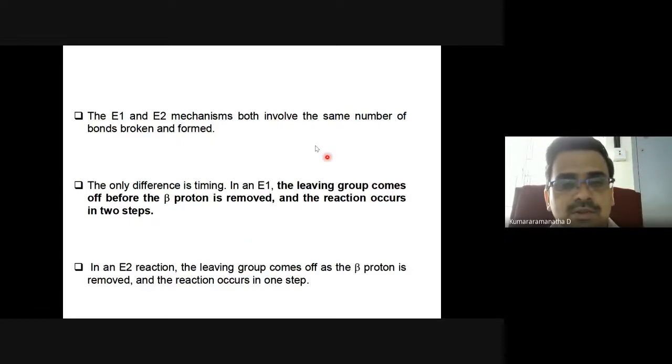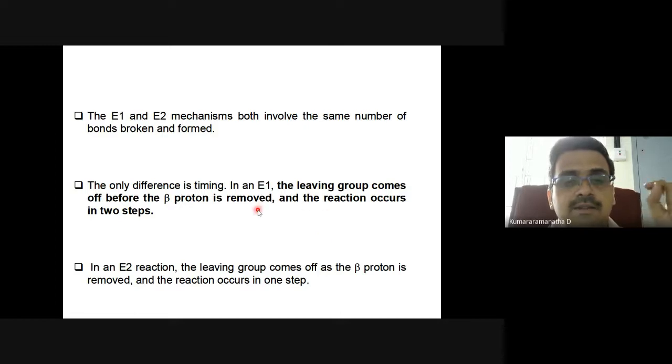Okay, so just some important points before we close this elimination: E1, E2, both of them, they have bonds broken and bonds being formed. Double bond formed and bonds broken like halogen, hydrogen.